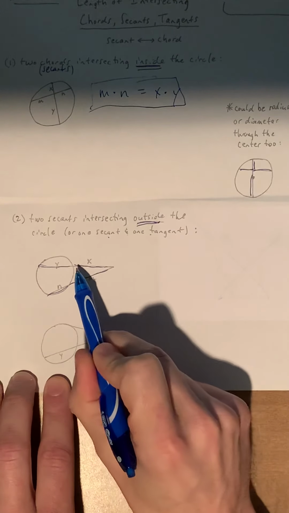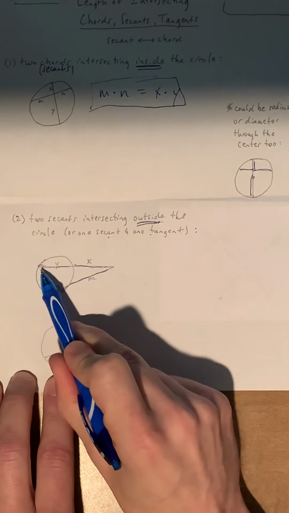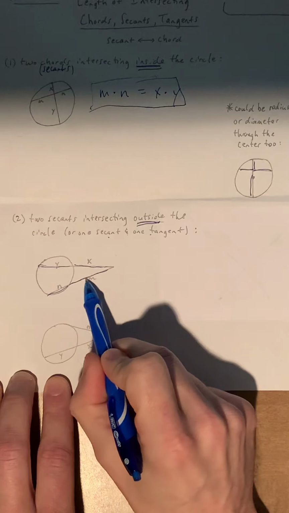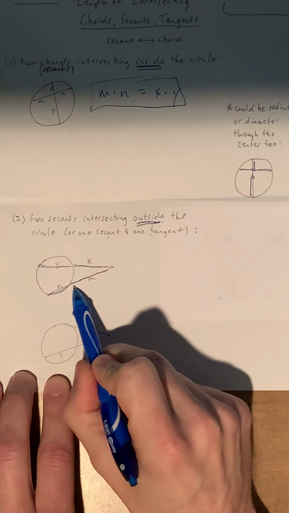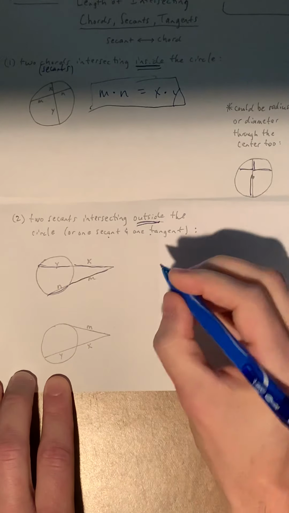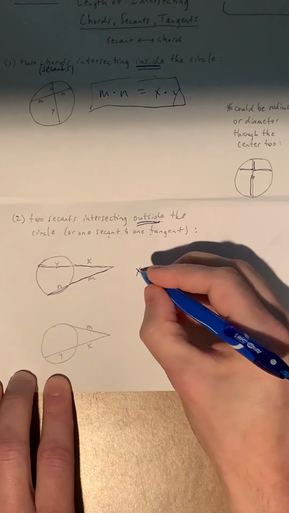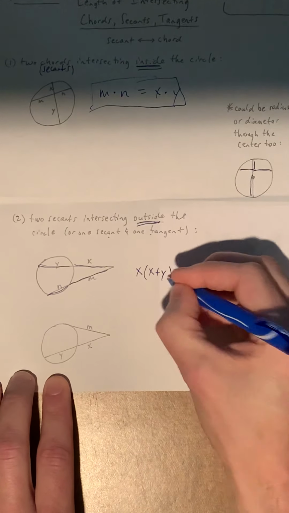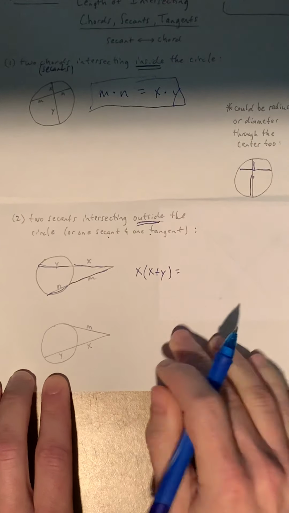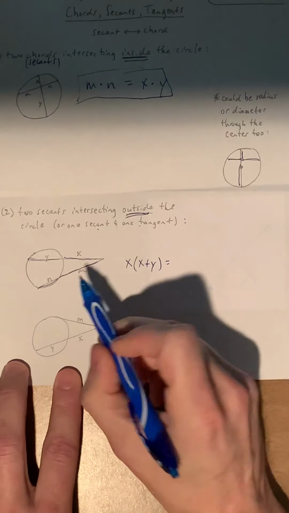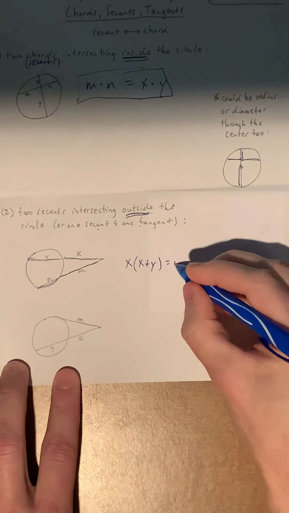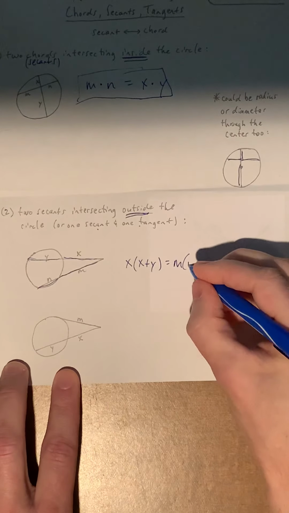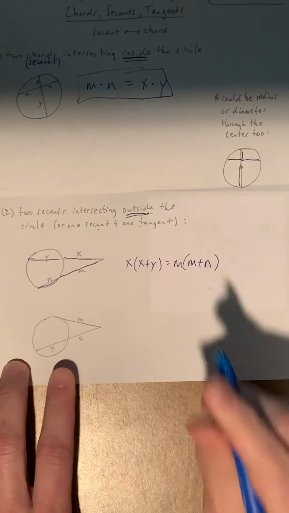So again, outside part times the entire secant is equal to outside part times the whole secant. In this case, X, the outside part, times X plus Y, the total, is equal to outside part M times the entire thing, M plus N.